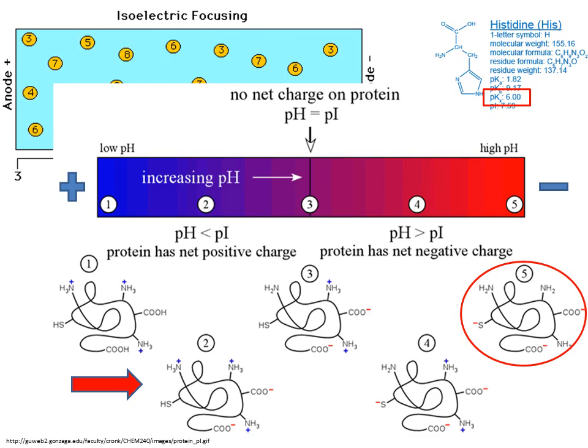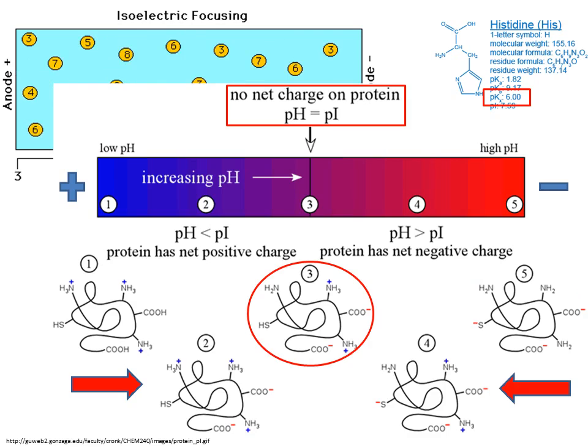So the positive molecule, as it moves towards the negative electrode, will lose hydrogen ions off histidine first as the pH increases. At a certain pH, the positive and negative charges on the molecule are equal, and the net charge on the molecule is zero, and the protein stops moving in the tube.